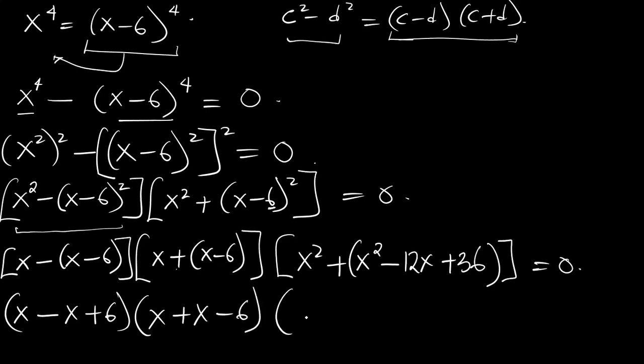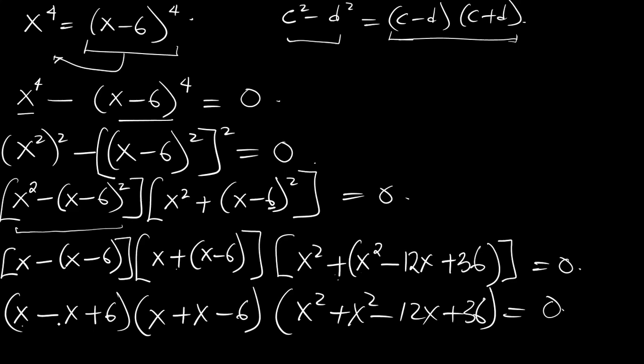Then x squared, so plus times plus x squared will give you plus x squared, plus times minus 12x will give you minus 12x, plus times plus 36 will give you plus 36 equal to 0.